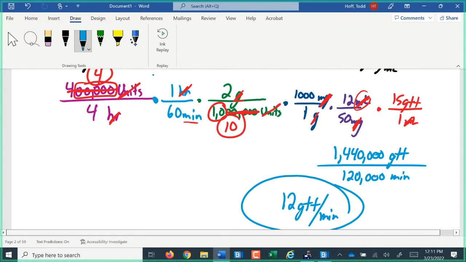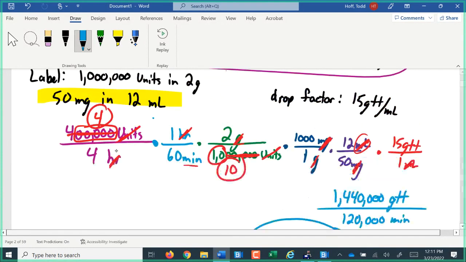So as you can see in all of these problems, we just start with the doctor's orders, and then we let the units tell us what to do from there. If the unit in our thing is not what we want, like we didn't want hours, we wanted minutes, so we canceled out the hours and converted it to minutes. Didn't want units, we wanted drops, so we canceled out the units, and we converted to whatever we had an equivalency to go to. We didn't necessarily know, we didn't go to drops, but we knew we had to get rid of units.